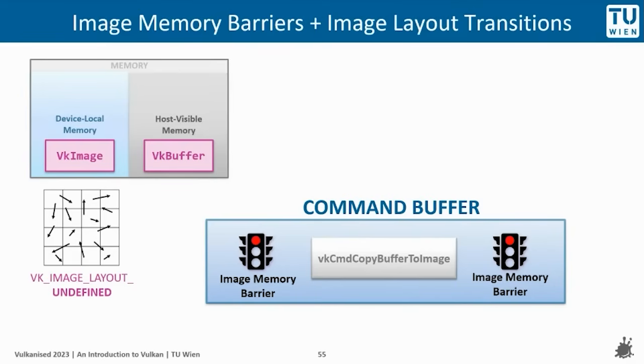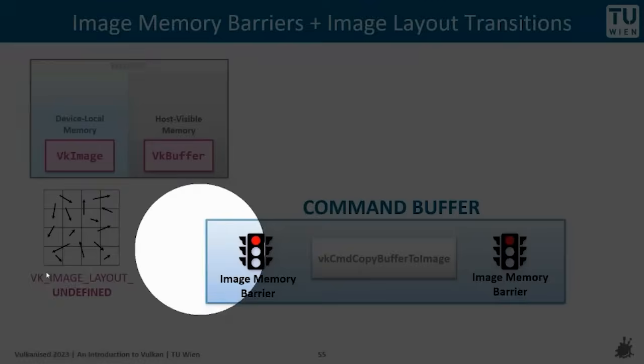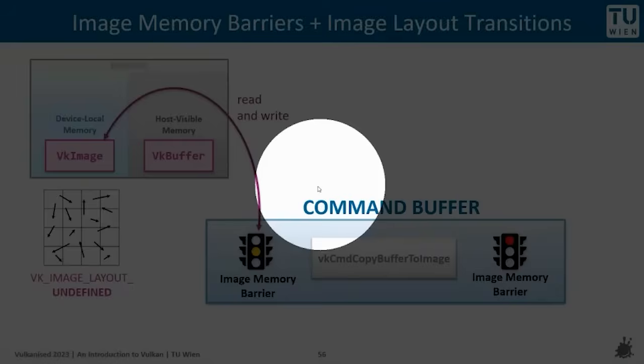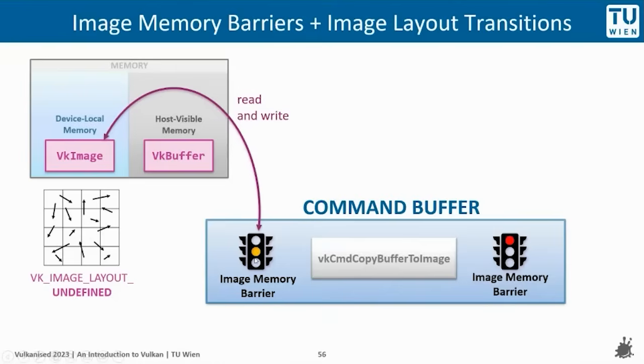First we have an image in undefined layout. Then we transition it into a defined layout with an image memory barrier, which is a read and write operation, because it transitions the image layout of a given VkImage in the middle of the barrier. You have to imagine, this is why the traffic lights are stuck in the middle.